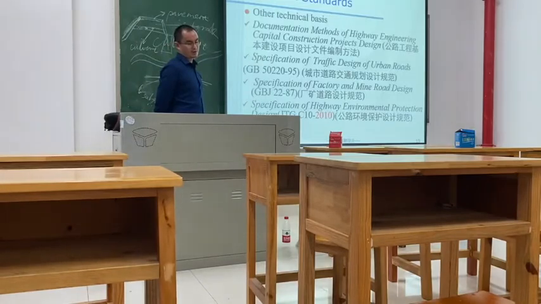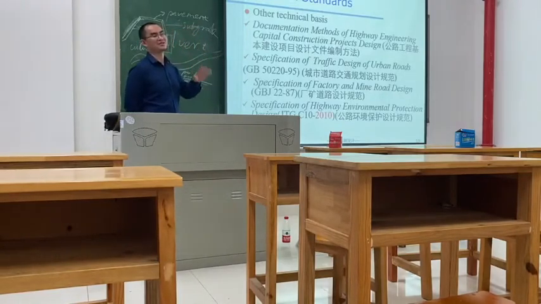Specification of factory and mine road design is very old. The code is GBJ 22-87. It was distributed in 1987, so it's old.